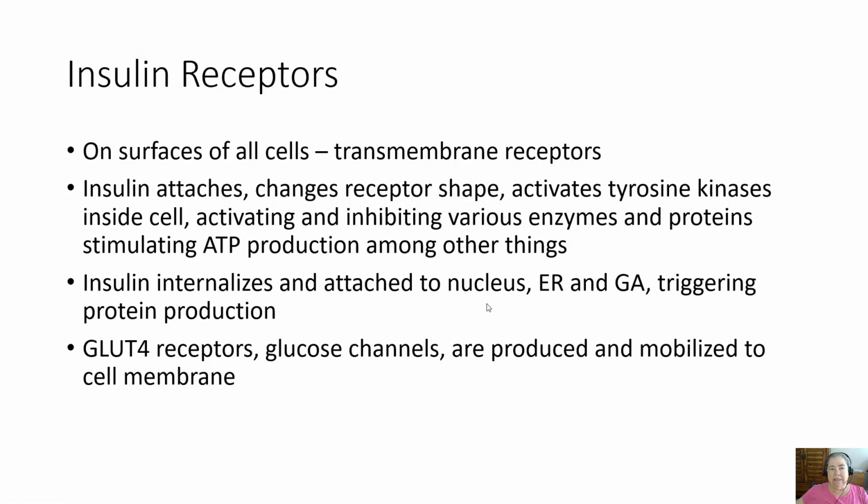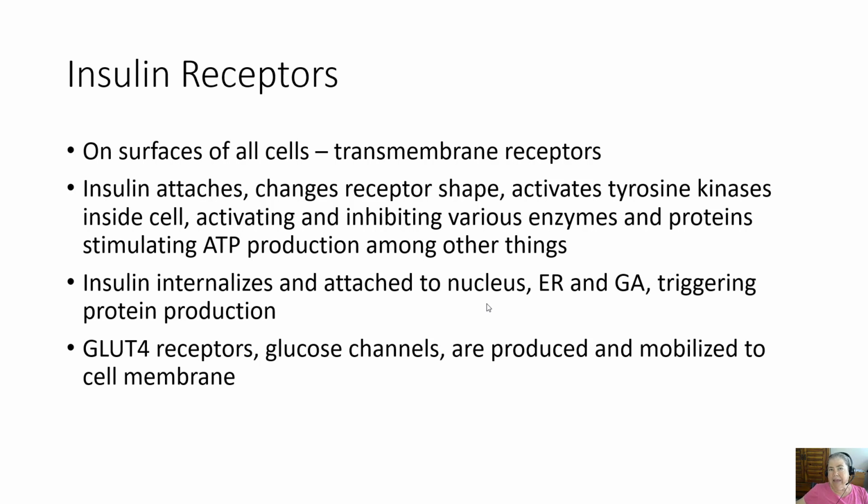There are insulin receptors everywhere, and they are a transmembrane receptor. Obviously, there are more of them on muscle cells and on lipid cells. When insulin attaches to an insulin receptor, it changes the shape of the receptor so that the part of the receptor that is on the intracellular side is able to activate enzymes in the cell called tyrosine kinases.